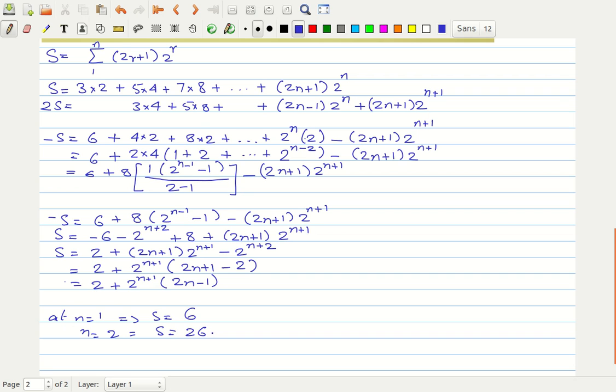So if I add 2 terms, I should get 26, which is 5 times 4 is 20, plus 6 is 26.